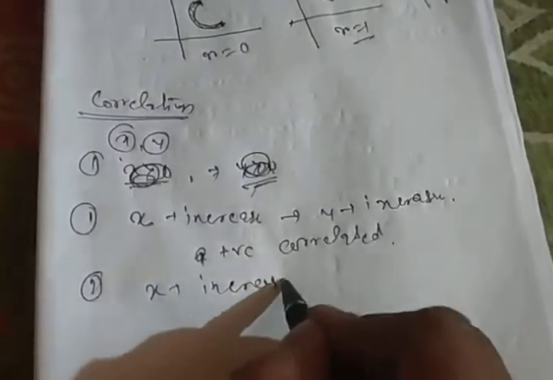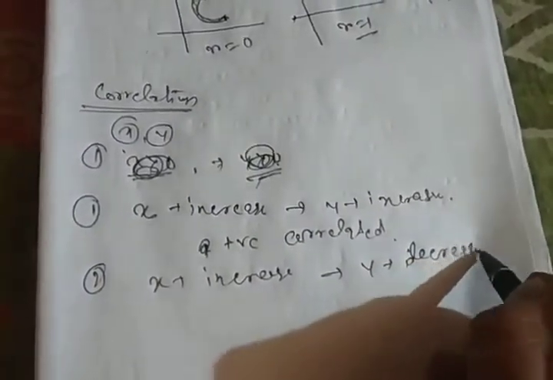Secondly, if x increases and this implies y decreases, then we will say negatively correlated.